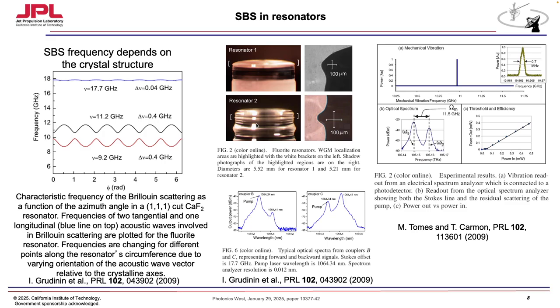It has comparably low frequency because the speed of sound in this case is a few kilometers, approximately 5.5 kilometers per second. So it was shown to be a very efficient process, and now Brillouin-based resonant lasers are used for spectroscopy. They allow stripping off a lot of noise from the pump light, and it is a very efficient system that is produced on a chip.